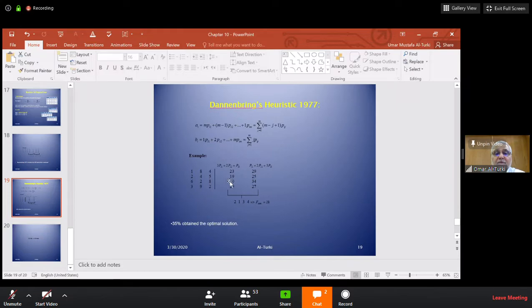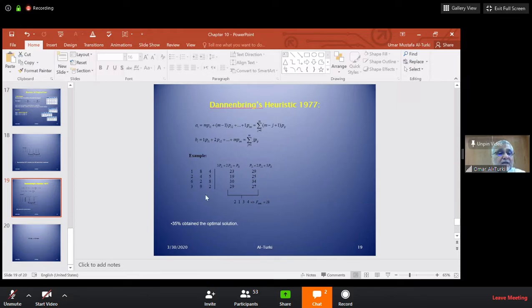Sum them up, that gives me the first machine. The second machine is the other way around: this one multiplied by 1, this one by 2, this one by 3, and that will be the second machine. Solve using Johnson, and that will be my solution, which is 28 in this example.